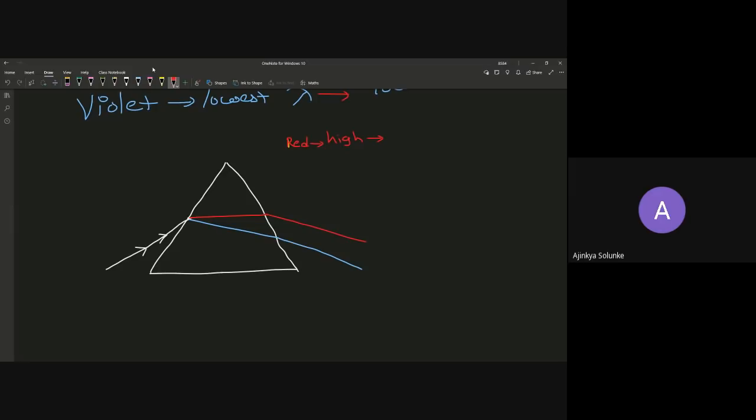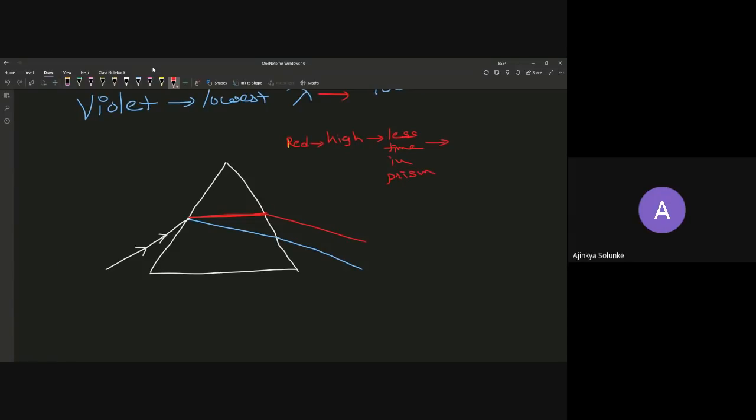The speed is really fast, so the duration it spends in the prism will be very less. Less time in the prism, because the speed is so fast that the red light will cover the ground and come out of the prism. It will not stay there for a longer duration. So less time in prism.